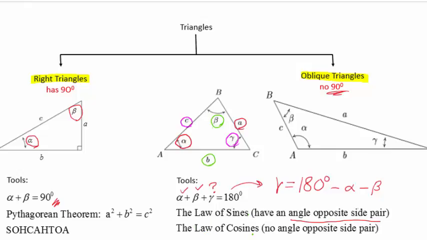The law of cosines is going to be used if you don't have an angle opposite side pair. I'm going to cover the law of cosines more in another video, but at least now you know when you'll have to use it.